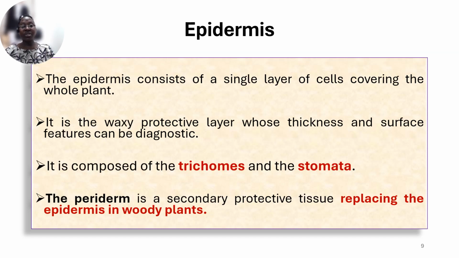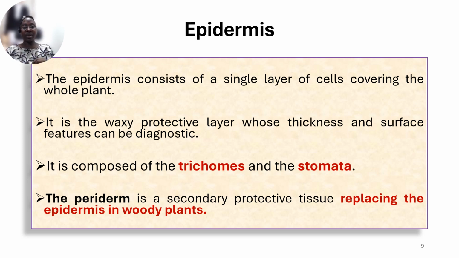The epidermis consists of a single layer of cells covering the whole plant. It is the waxy protective layer whose thickness and surface features can be diagnostic. We are going to see how the thickness, how the surface features can help in diagnosis of various plants.